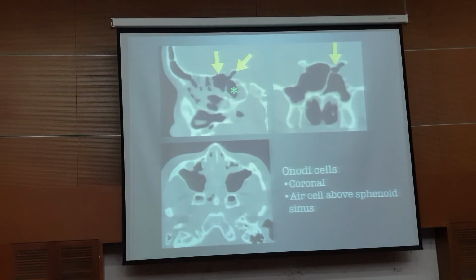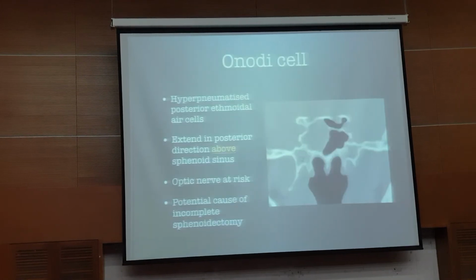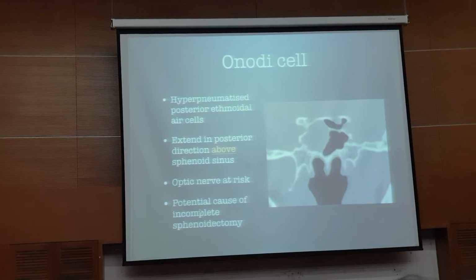They are important because they often pneumatize the clinoid process, and you know that that's next to the optic nerve. And so there's sometimes a danger of injury there. So a hyperpneumatized posterior ethmoid Onodi cell is often at risk if you're not aware that it is there.